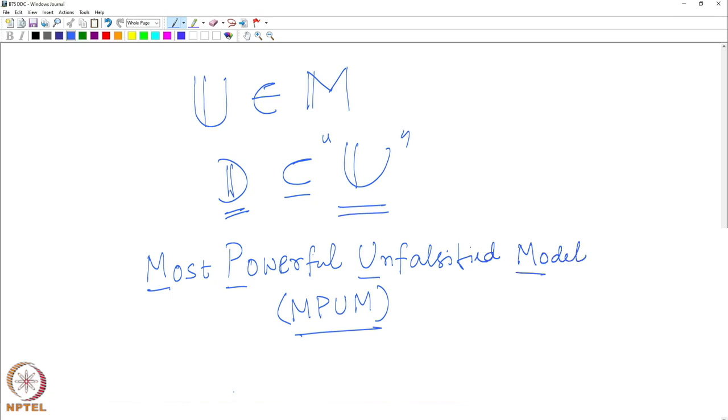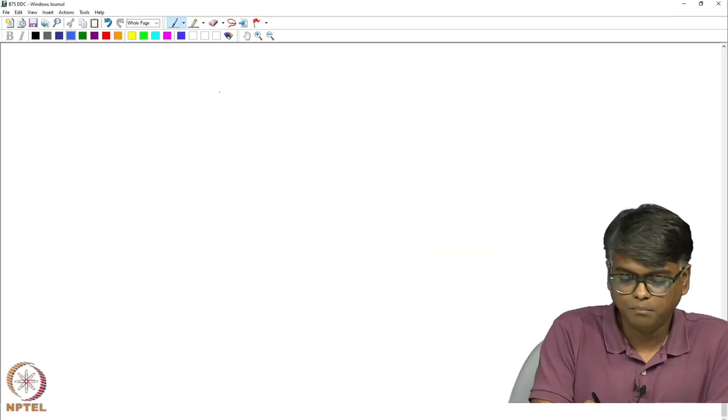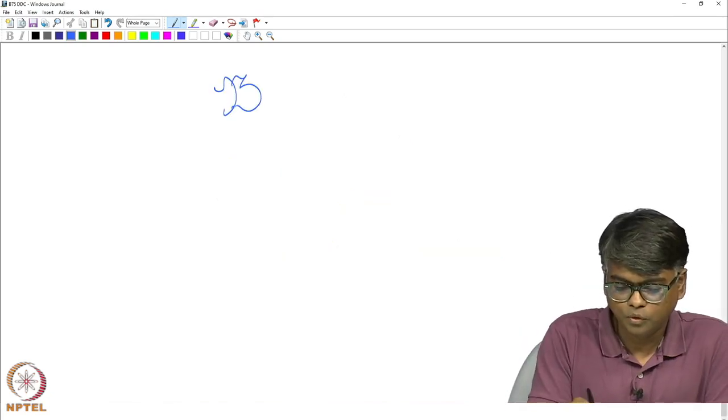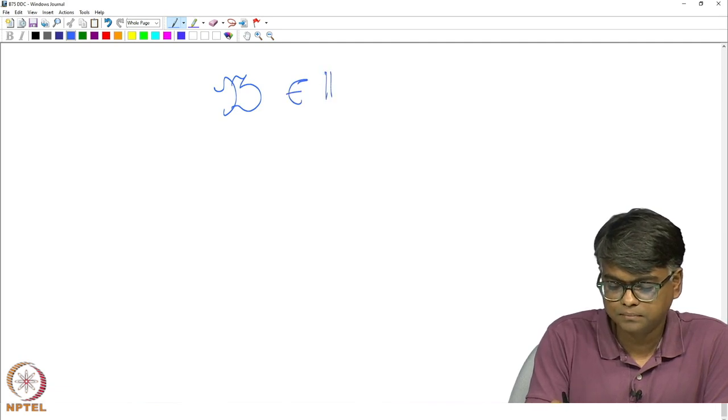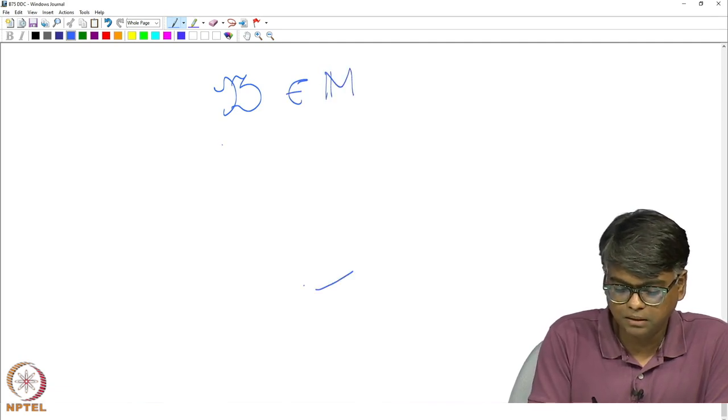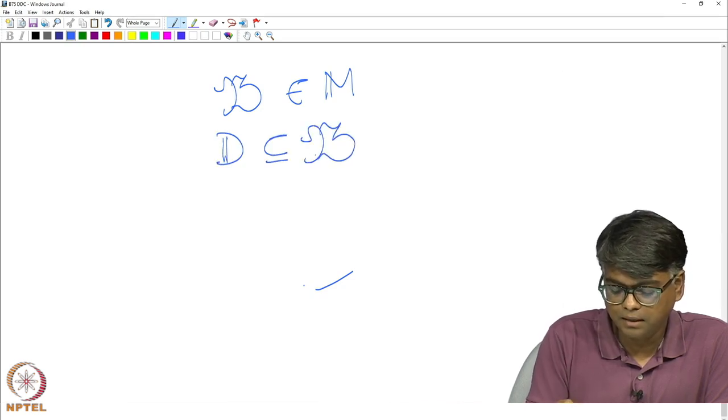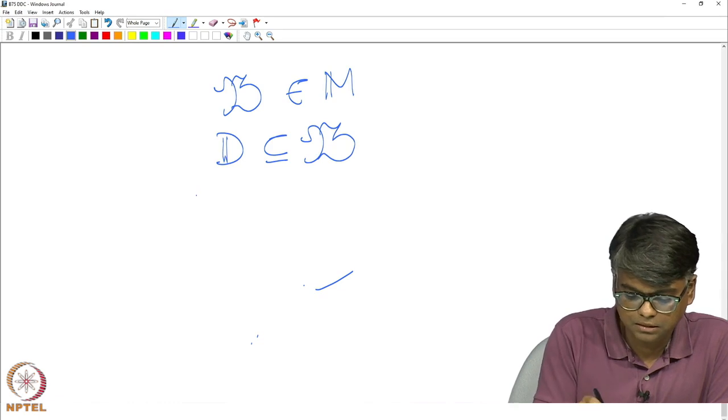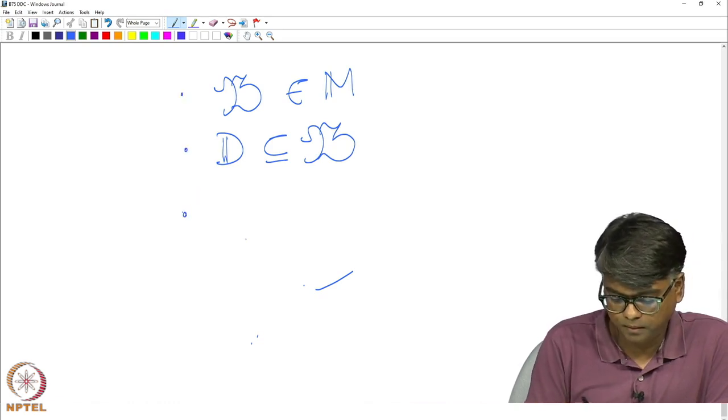What does that mean? An MPUM is a model within the model class that is unfalsified, so it explains the data, and finally, here is the point. This is bullet 1, this is bullet 2, bullet 3.